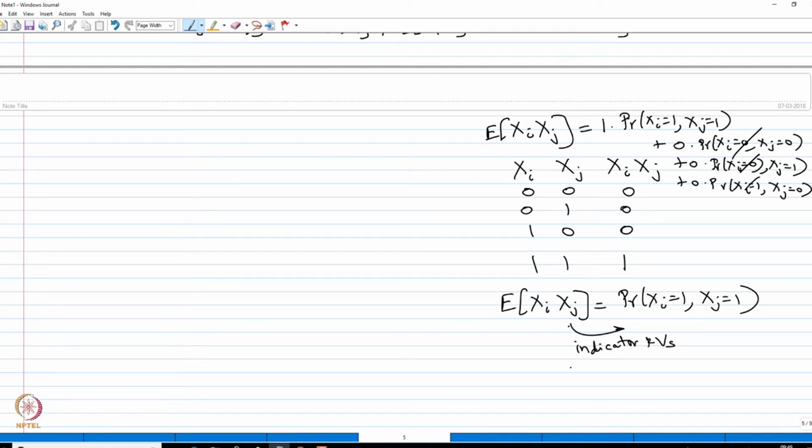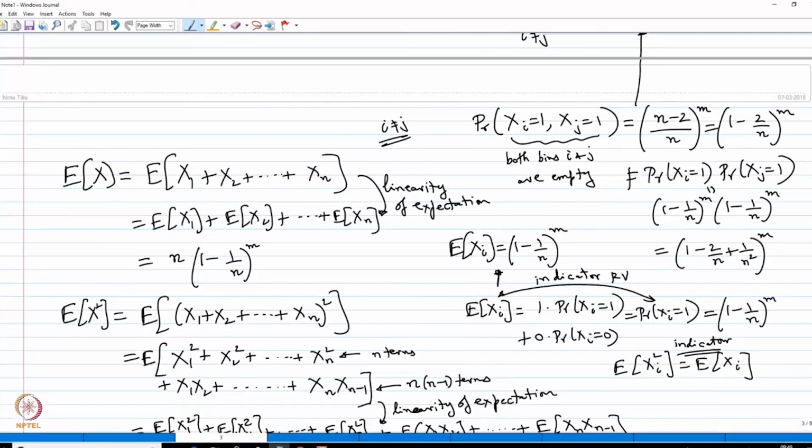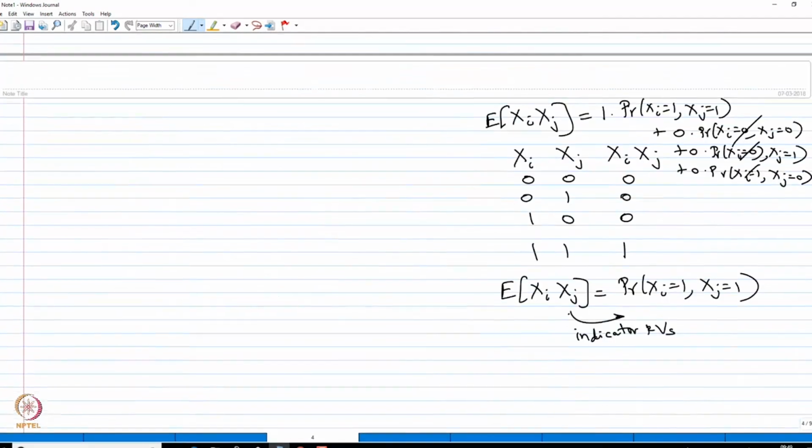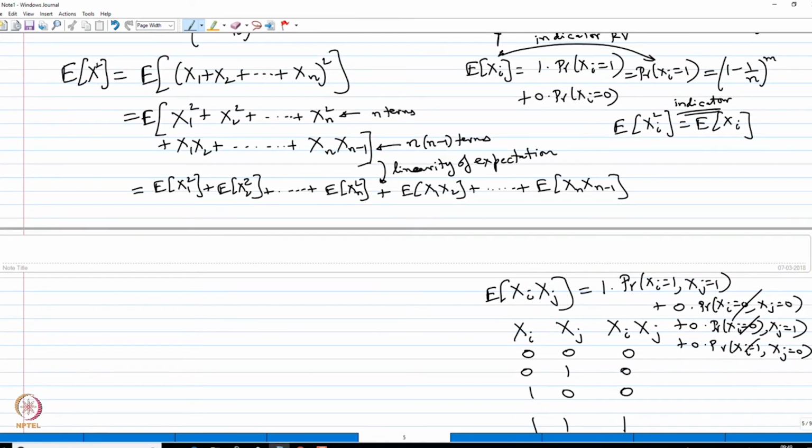So this we have already calculated. We just went and did this calculation here, xi xj equal to 1, and that is simply 1 minus 2 by n power m. So that is now easy to write down. Here you will see that there are n terms, and each equals 1 minus 1 by n power m.